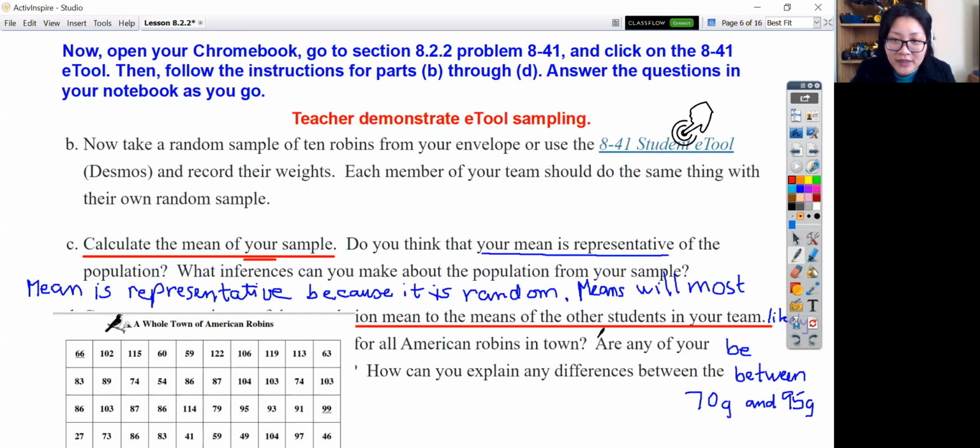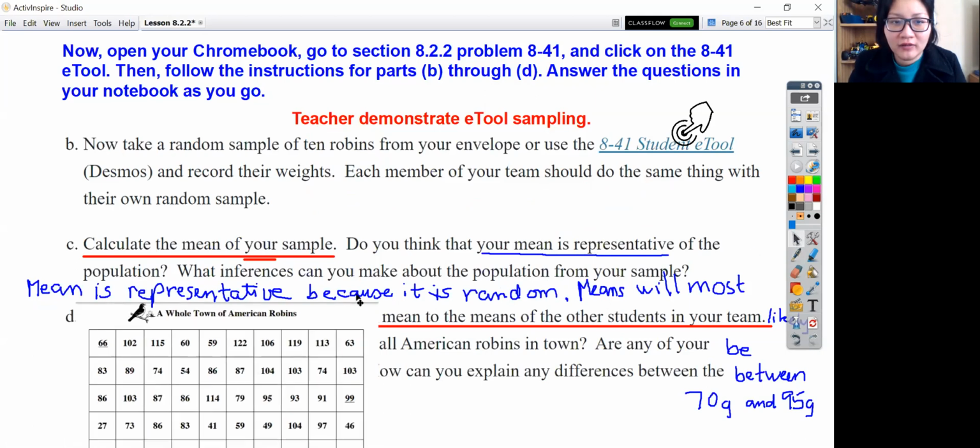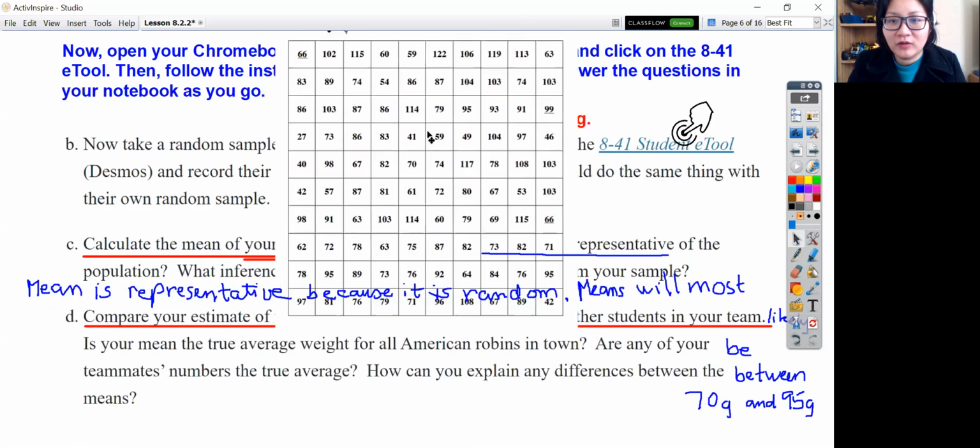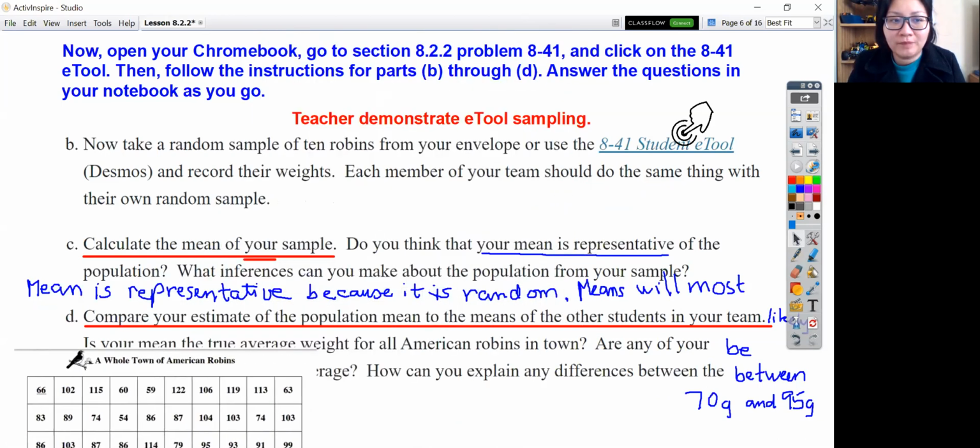The more, the better it is. So in this case, on question C, the mean is representative because it is random. Means will most likely be between 70 grams and 95 grams. So this is our data, okay? So it is between 70 grams and 95 grams for the mean.